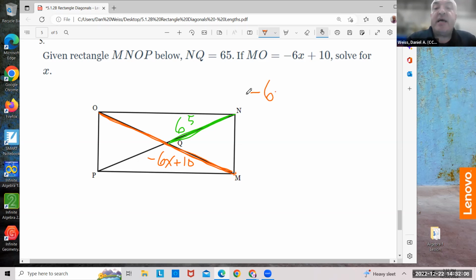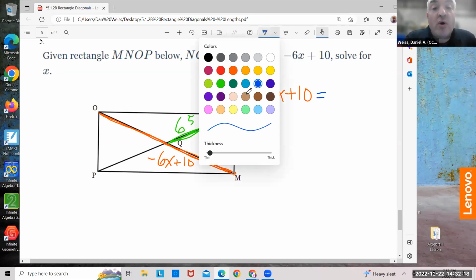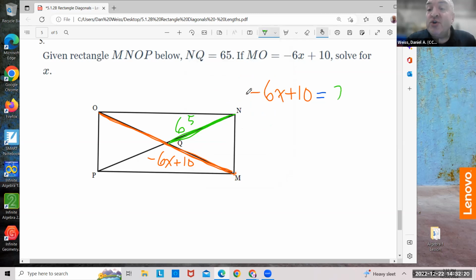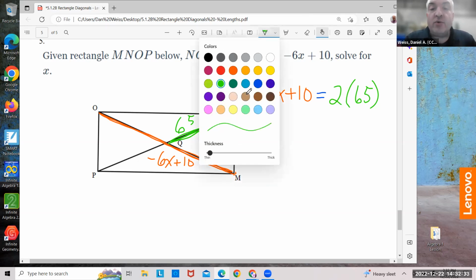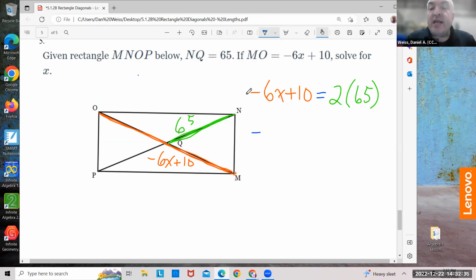Anyway, negative 6x plus 10 equals, does it equal 65? No, it doesn't equal 65. It equals 2 times 65, right? I got to double 65 in order to equal the negative 6x plus 10. Okay, Mr. Weiss. Right. So negative 6x plus 10 equals 2 times 65 is 130.